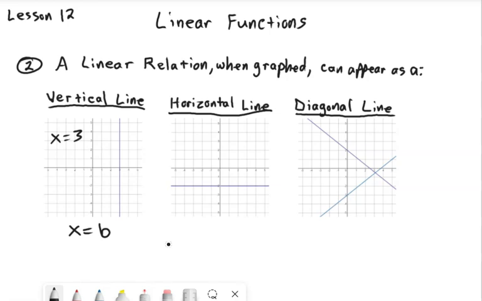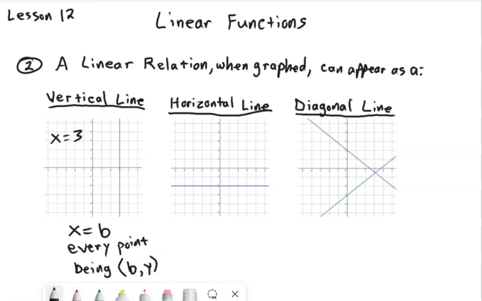Okay? And in this case, every point on the vertical line is going to take this form. It's going to be the point b, comma, y, some number. So it's going to be the same number, whatever b is, comma, some y value.